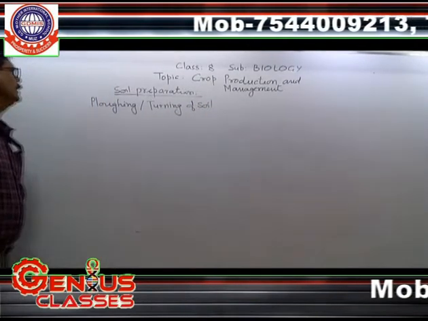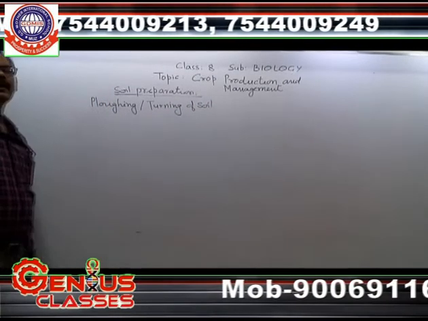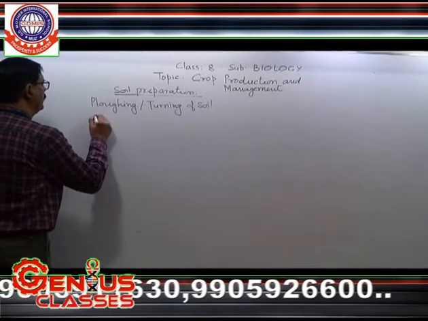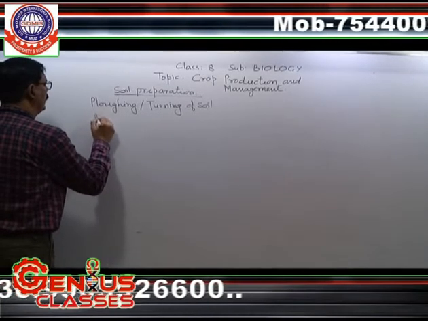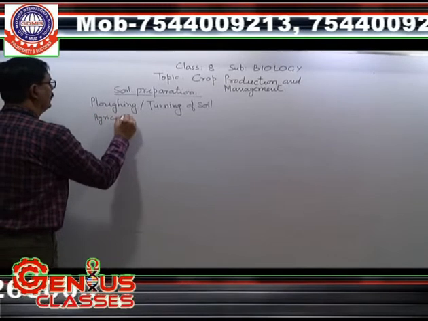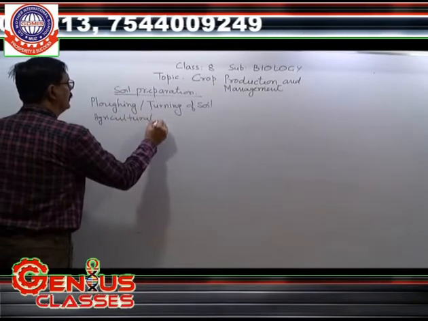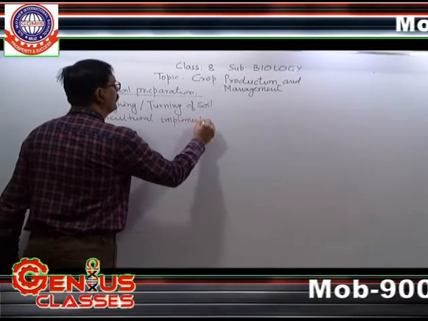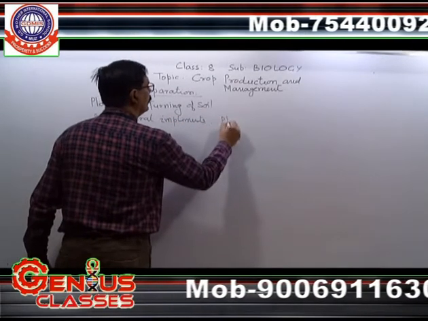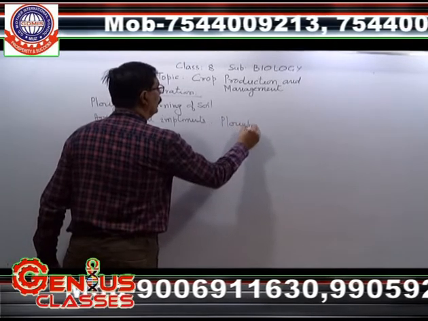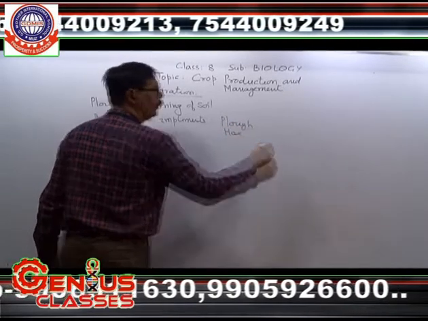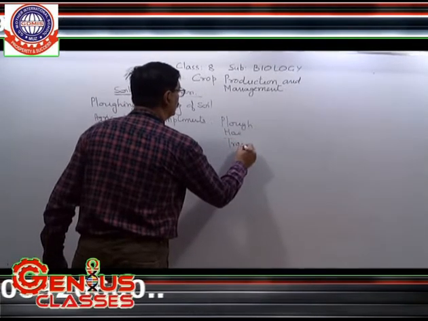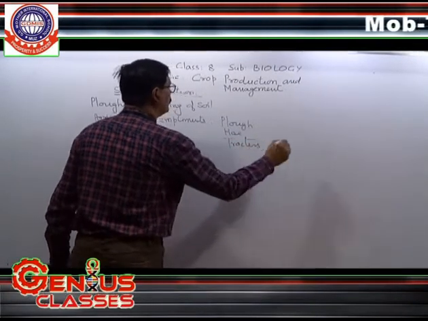Now, in soil preparation, the first step, that is the plowing and the turning of soil, requires certain agricultural implements like plow, hoe, or even tractors.